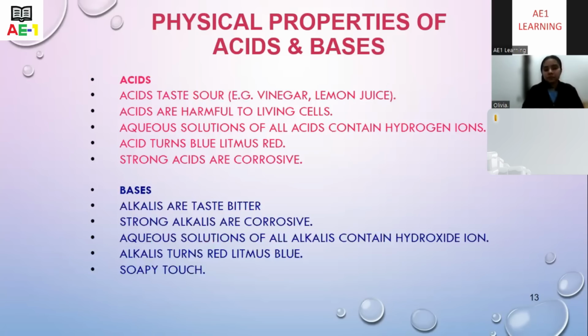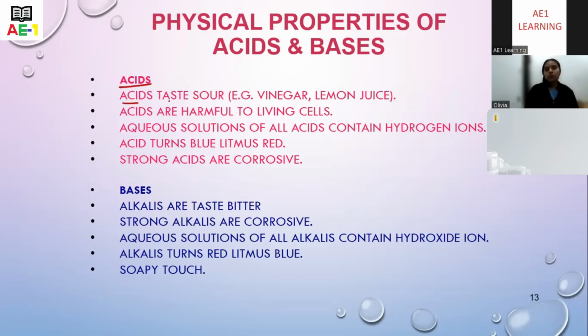First of all, I'm going to tell you about acids. If you have some acids, what are the things by looking at which you can determine that it's an acid, and then we'll do the bases. So very first is your acid.